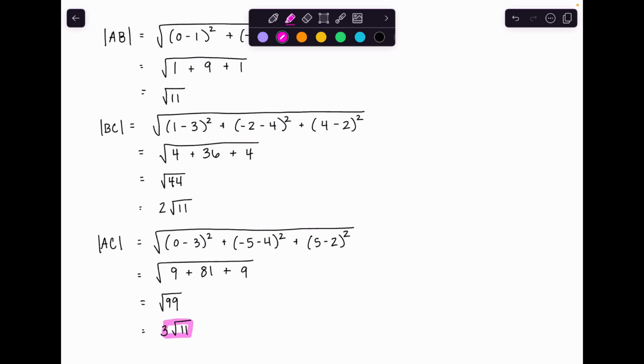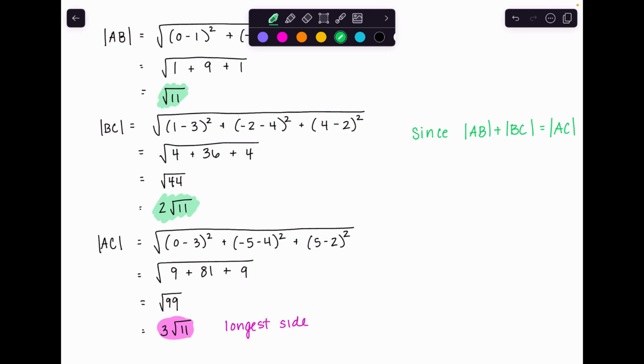So this here is the longest side, looking at all of these. So I want to see, do the two smaller sides add up to that longer side? And indeed, that's the case. Since we add AB and BC, that gives us root 11 plus 2 root 11, 3 root 11.